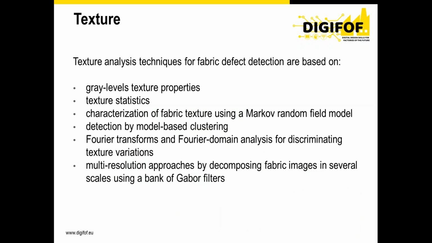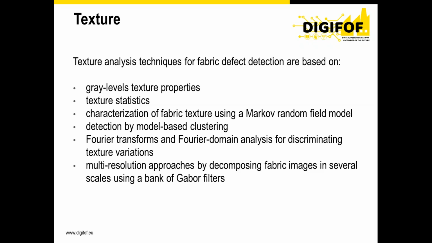So there are many ways of detecting the texture. I summarize some of them. You can try to find out in various ways, like the Fourier transform, or, as we will see, the Gabor filters, an analysis of the frequency of the texture in the image.